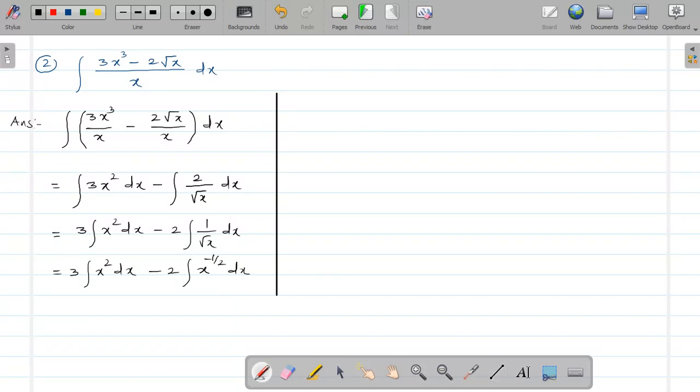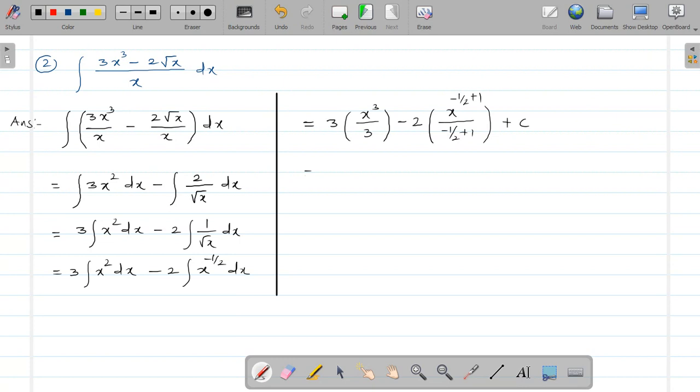So the next step, it is equal to 3. Now integration of x square is very simple, x cube upon 3, right? Next, minus 2 as it is. Now integration of x raised to minus 1 by 2 will be x raised to (minus 1 by 2 plus 1) upon (minus 1 by 2 plus 1), plus integration constant.